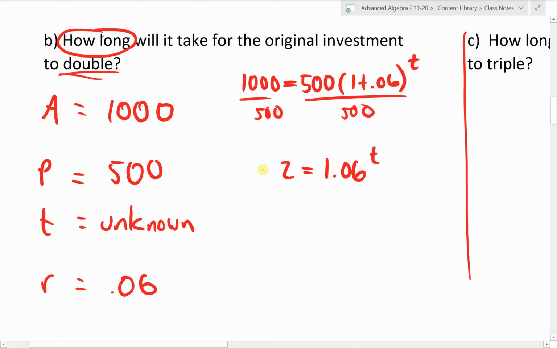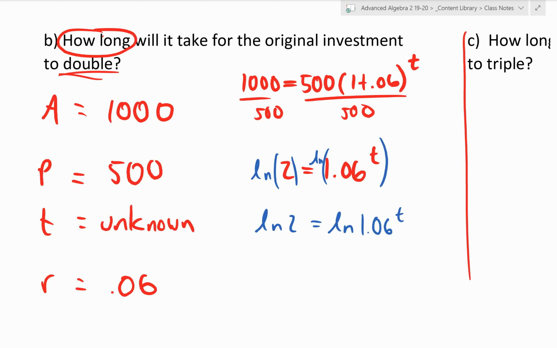We can use any base we want. I'm going to lean toward using the natural log, and we'll see why later in this section. So I get the natural log of 2 is equal to the natural log of 1.06 to the t power. And what's nice here is that because it's inside a logarithm, I can move that t out front.